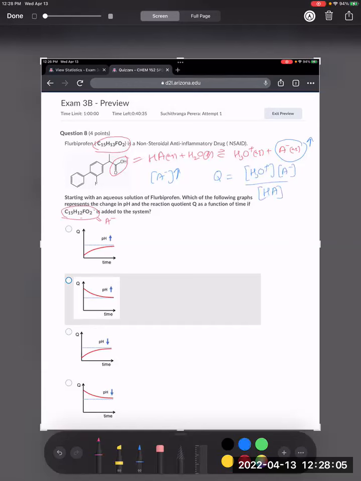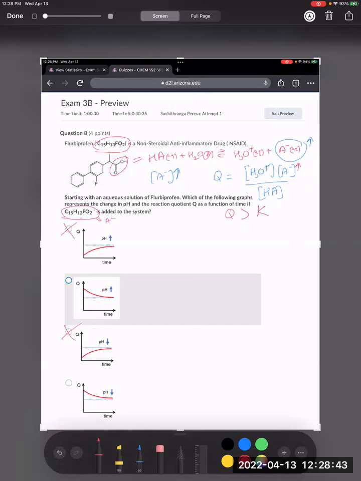So if you are increasing the A minus concentration, you're going to increase the numerator compared to the denominator, and as a result, Q is going to be greater than K. So when Q is greater than K, we know that options A and C are out, because in those options they are saying that Q is going to decrease. No, Q has to increase because you are increasing the numerator.